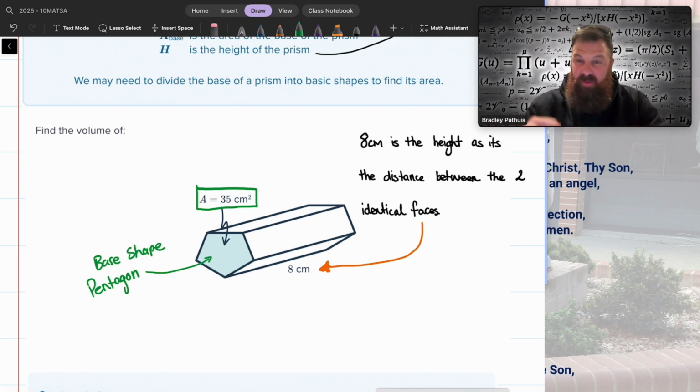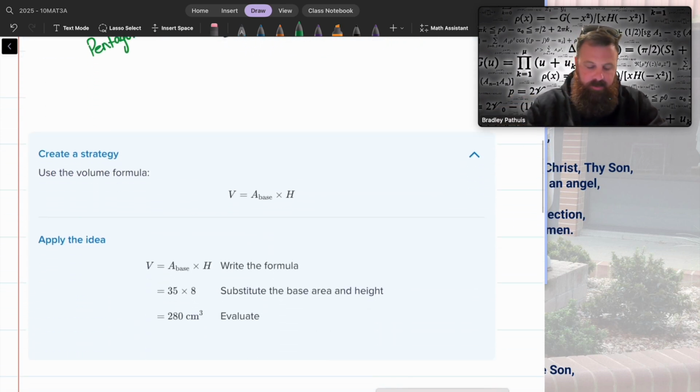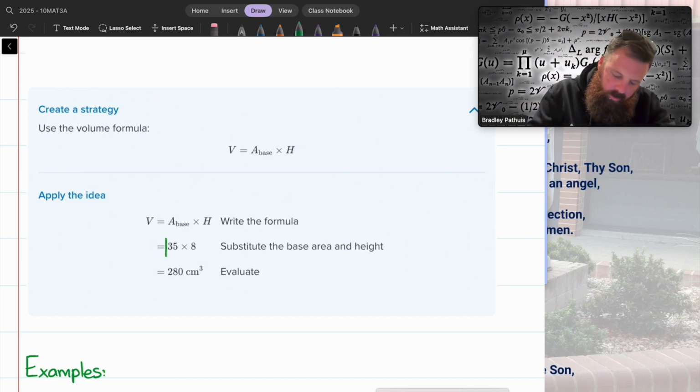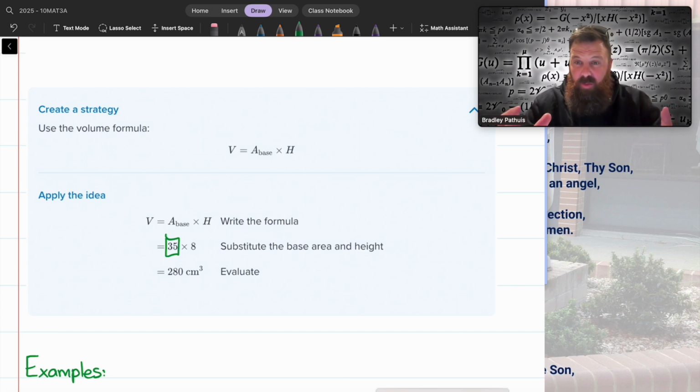If I wanted to find the volume of this prism, I use the formula: volume equals area of the base times the height. I write the formula down, and then I make a substitution. Remember that in the diagram above, 35 was our area, and our height, the distance between the two ends, was 8 centimeters.